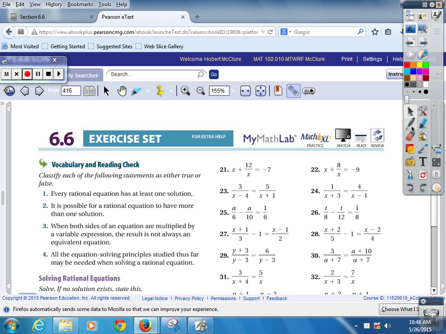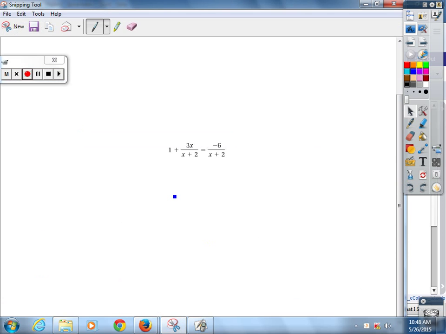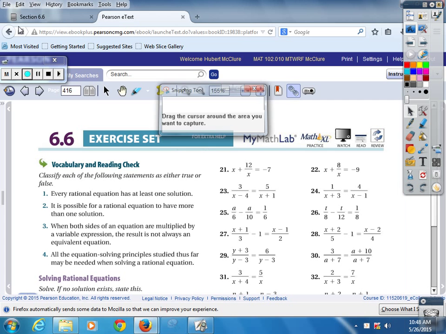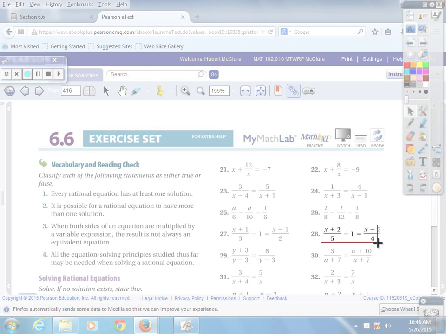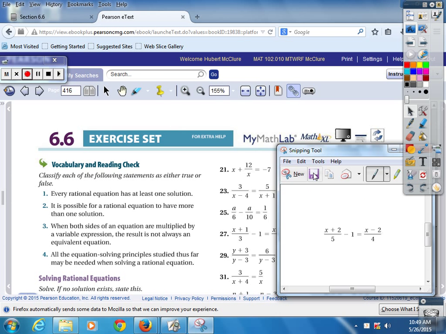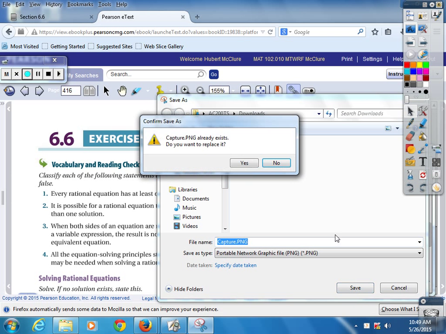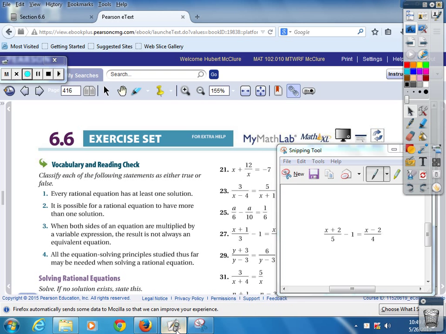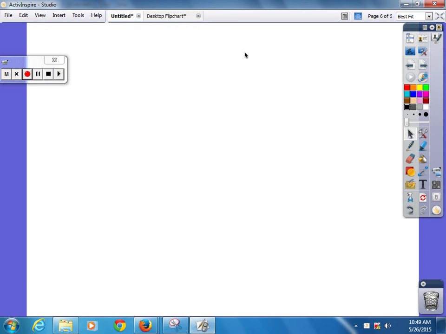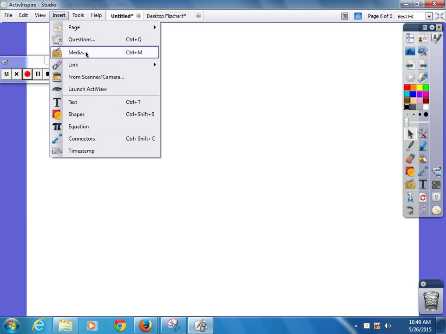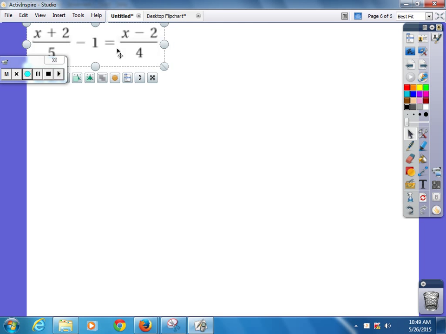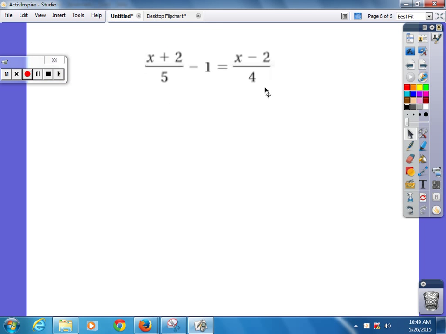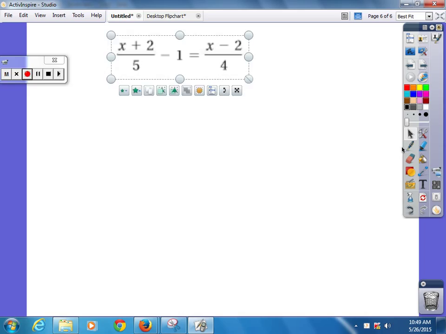Let's do this one. All right, y'all do that one.